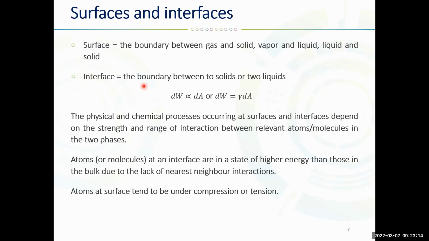So basically what happens in the fundamental physics is that the atoms at the surface are undergoing compression or tension simply because they don't have adjacent atoms next to them that will keep them in their official lattice size when they are surrounded by bulk atoms.